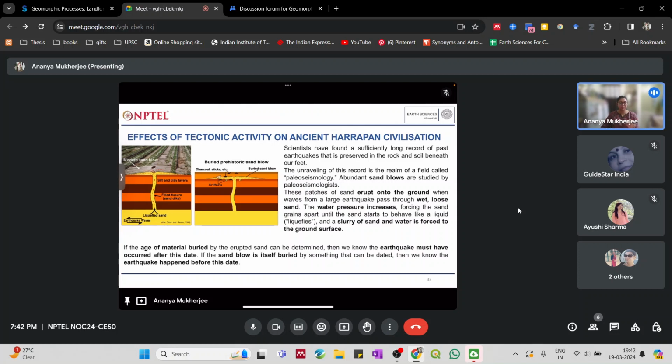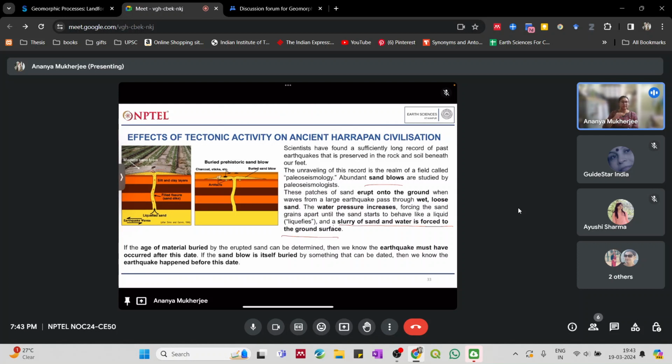Okay, so during an earthquake, the sand that is buried below layers of sediments or rocks can actually liquefy, and because of the increased water pressure, this liquefied sand starts behaving like a liquid, and it tries to erupt onto the ground from, say, fissures or openings. Okay, so a slurry of sand and water is forced onto the ground surface, and these are called sand blows.